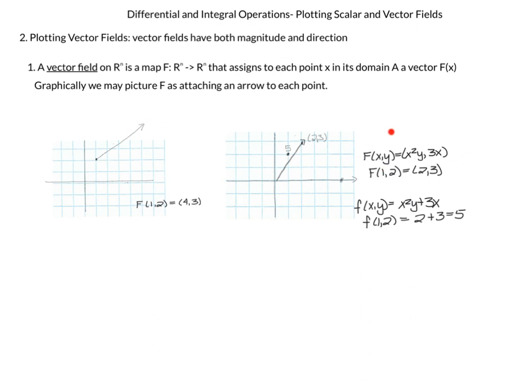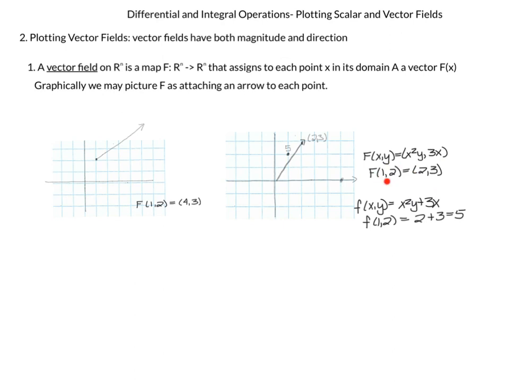And here I have an example of a function. It takes an x and y, and its first coordinate will equal x squared y, and its second coordinate will equal 3x. So for example, if we plug in x equals 1, y equals 2, then this vector field will assign the value 1 squared times 2, which is 2, and then 3 times x is 3.